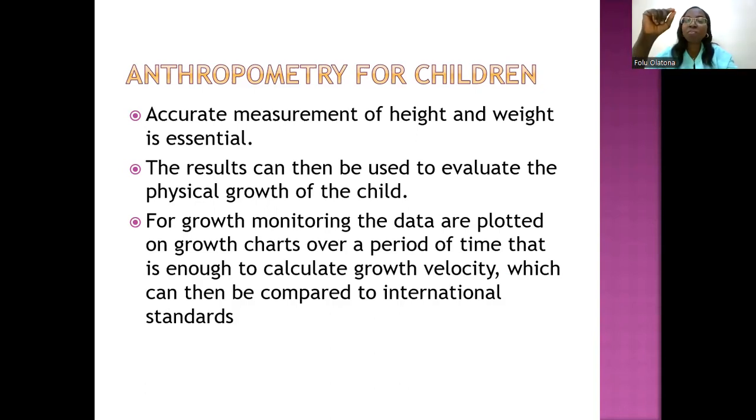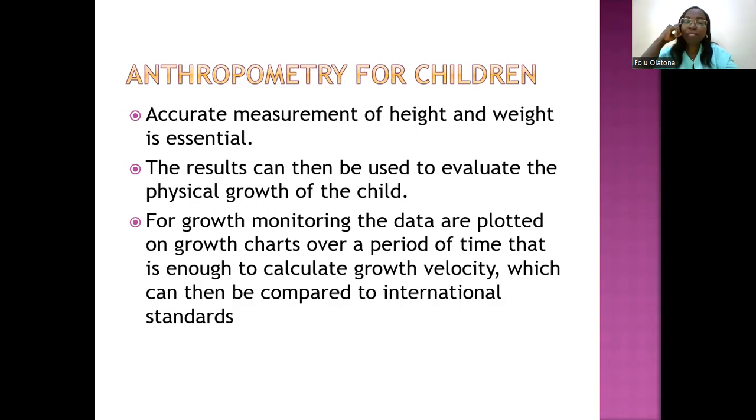So when you pick a child and you measure the height and weight and you plot the intersects, after a while you join the points to form a graph. That graph should exist between the 5th percentile graph and the 95th, that is for children generally.